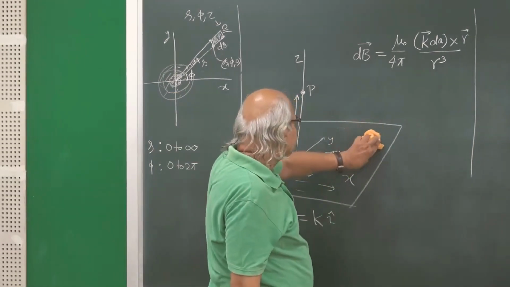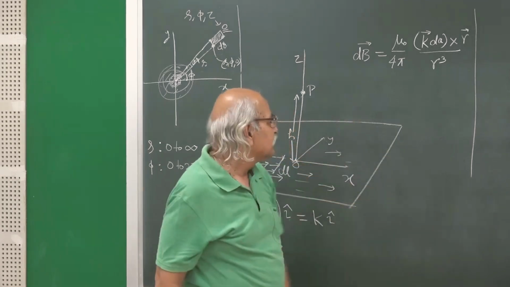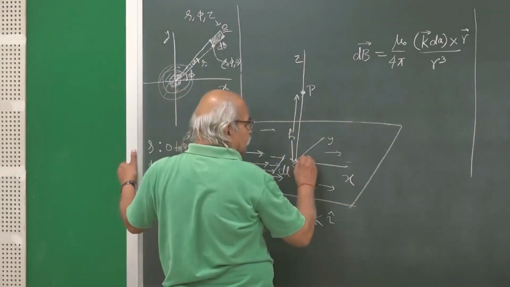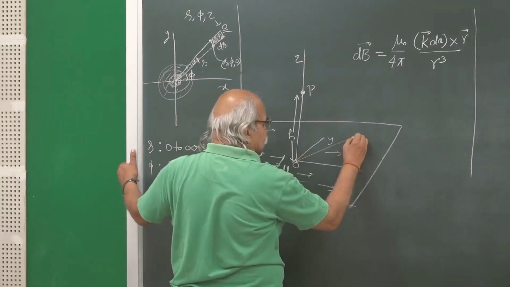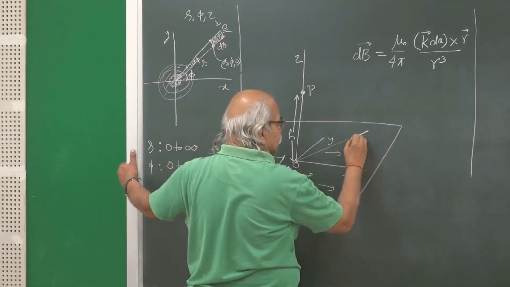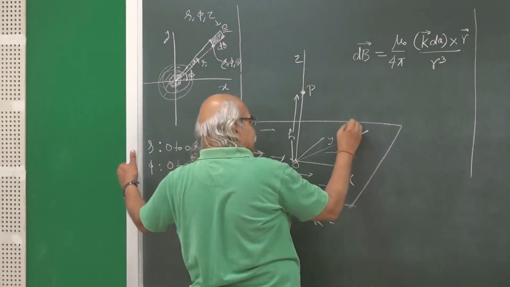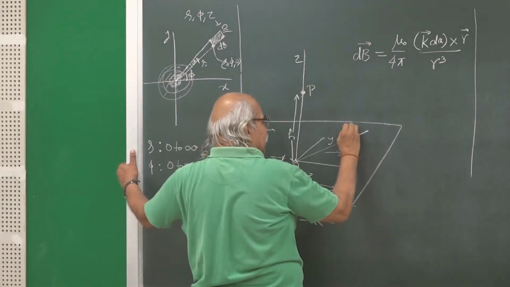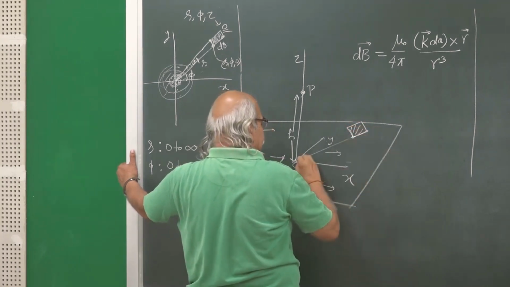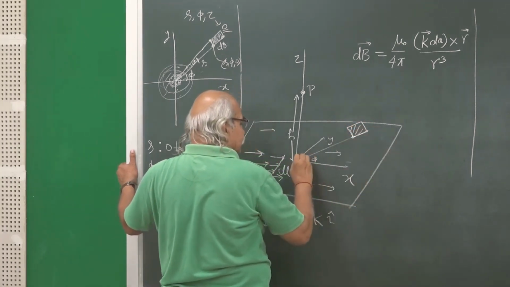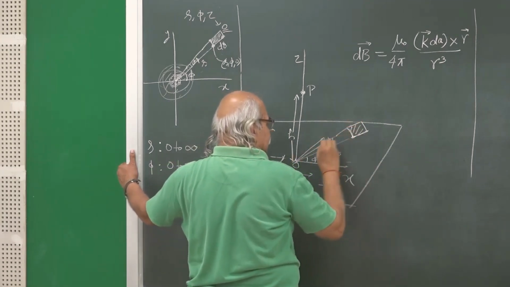We will not take rectangular dx dy type area. We will take, say, this is our s, this is ds, then this is d phi, and the length will be s d phi. So, this is our area element. This angle is phi and then this angle is d phi.